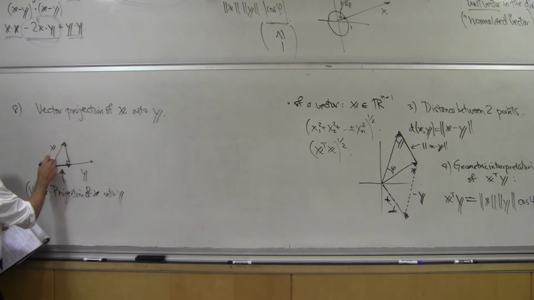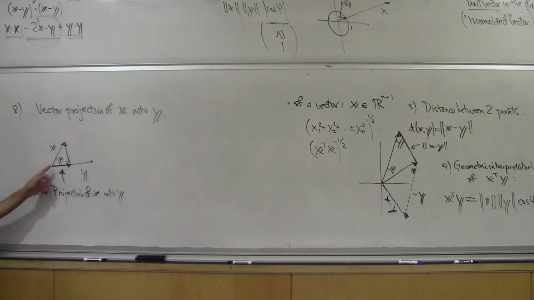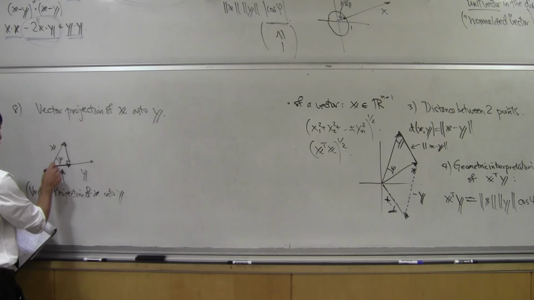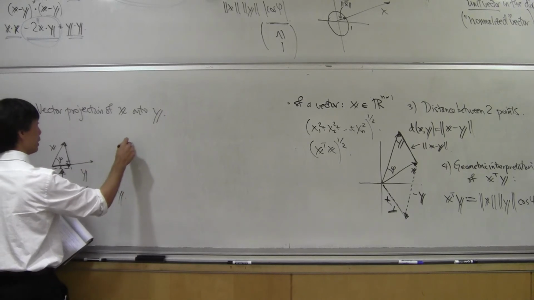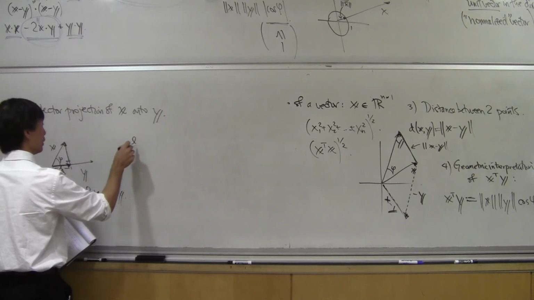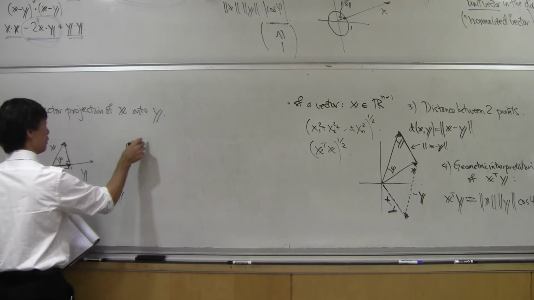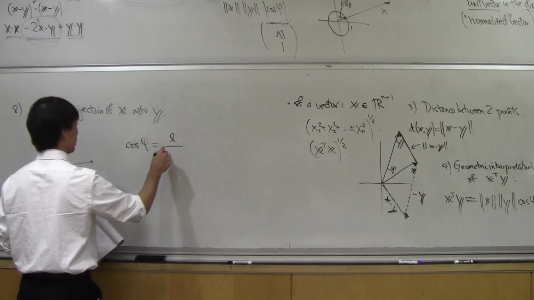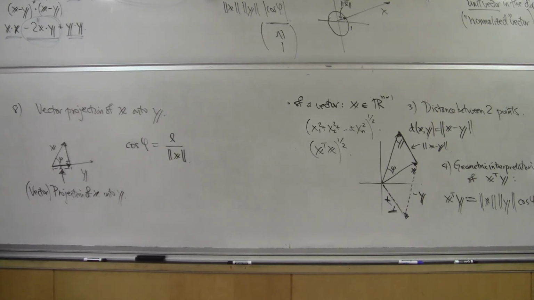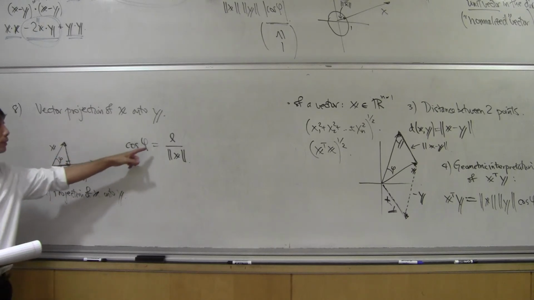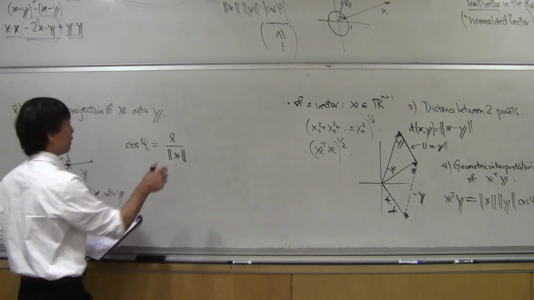So you think, okay, here's this angle phi here. If I call this length L, I know that the cosine of phi is the adjacent over the hypotenuse. So how do I figure out what L is?